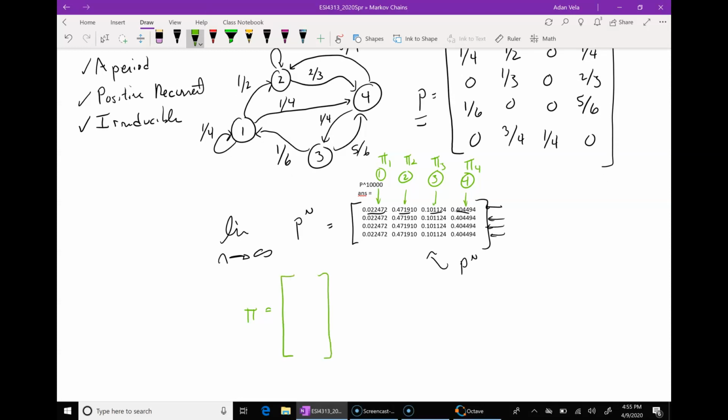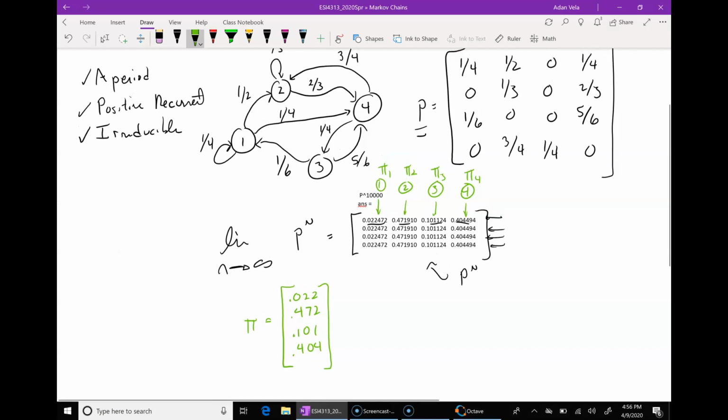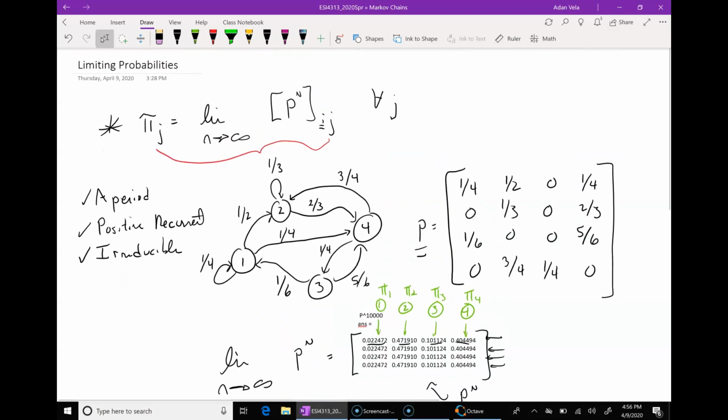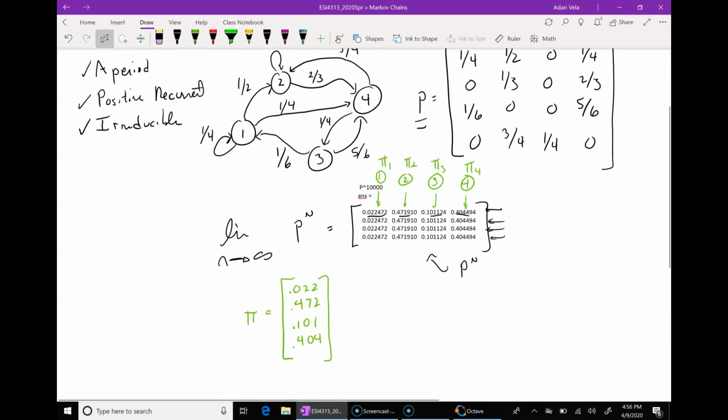We could give it as 1, 2, 3, 4 if we'd like, but we're going to give it as a vector. Pi is equal to 0.022, 0.472, 0.101, and 0.404.